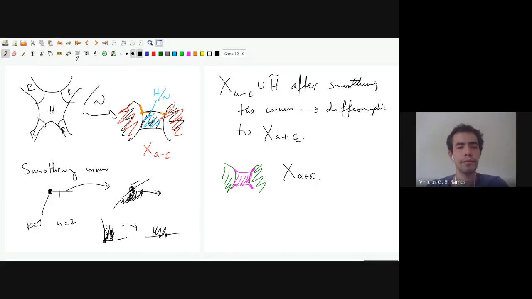All right, so before I open for questions, let me just describe what this H tilde is. So this H tilde is just your H quotiented by this equivalence relation, and the equivalence relation just identifies these points here along the flow. Here's the definition of the equivalence relation.